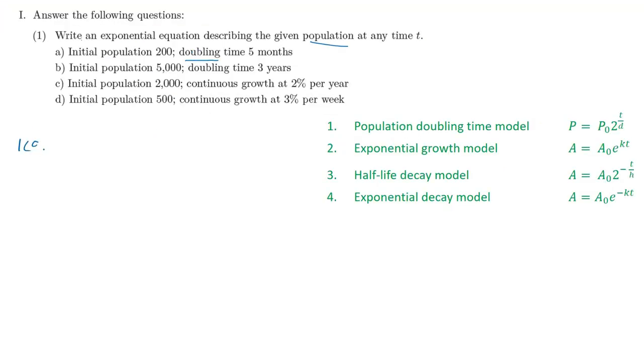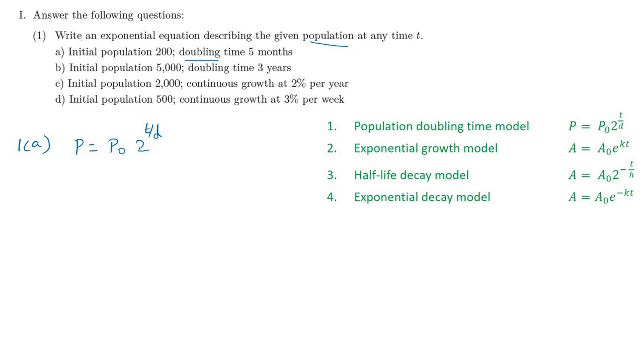For 1A, doubling. Doubling means which formula? You know the formula. Immediately write the formula first. Population doubling time model means P is equal to P naught 2 power T by D. Please note that you want to substitute the correct values. They are not asking you to solve. You want to identify and write the proper equation.